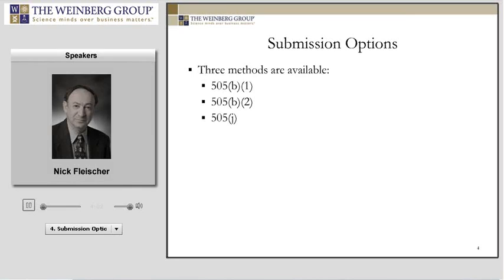The 505(b)(2) is somewhat of a hybrid NDA in between a 505(b)(1) and an ANDA, an abbreviated new drug application, where some of these requirements that I just listed, and I will talk about those later, may not be required. And 505(j) is an ANDA, an abbreviated new drug application. What these numbers and letters refer to are exactly sections out of the Federal Food, Drug, and Cosmetic Act that actually describe what these submission types of applications are.